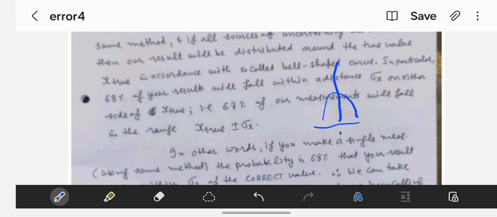As we go in this direction, the number of observations decreases the further we get from the true value, and here also it is decreasing. So we get a bell-shaped result: the largest number of values will be near the true value. This graph is a bell-shaped curve.